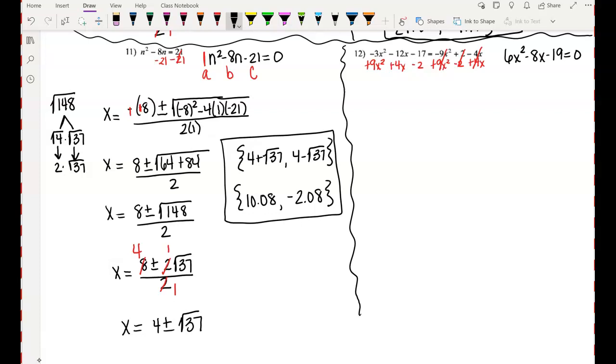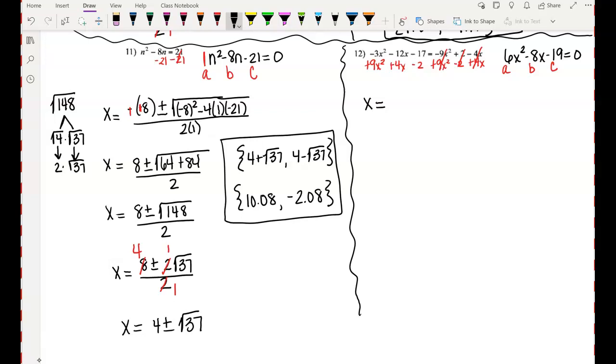And again, now that I have one side of my equation equal to 0, now I can label my A, my B, and my C. And then I can start substituting into my equation here.